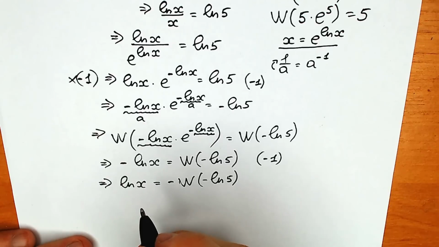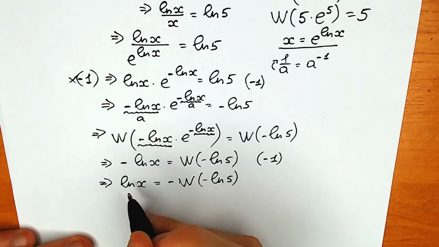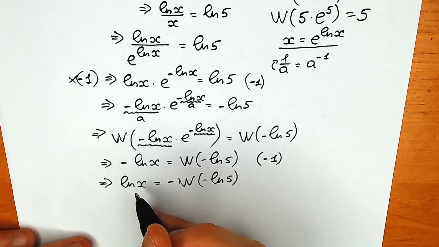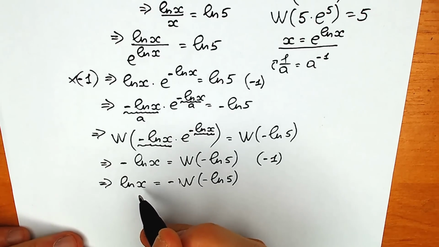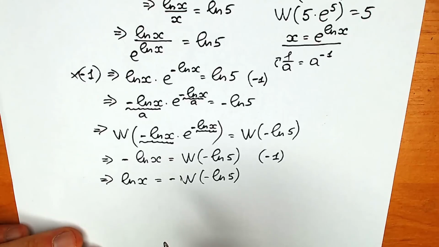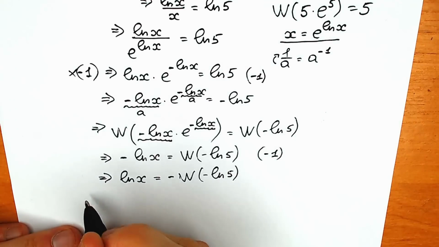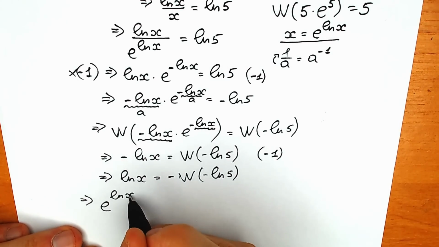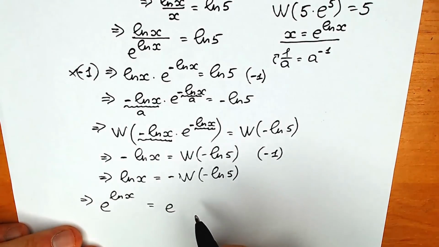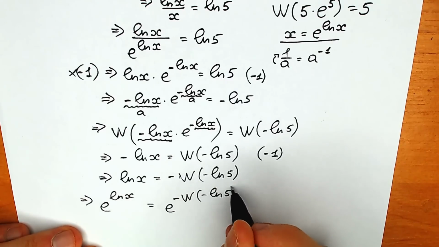What are we going to do next? The next thing is a very tricky move. The main idea is that we need to find our x from here. How can we do this? There's one really interesting move. Let's look closely right here. When we put base e on both sides, so when we write base e on the left side of this natural log x, and when we write base e on the right side of this expression, minus Lambert W function of minus natural log 5, it changes nothing.